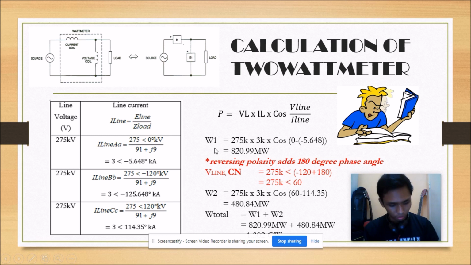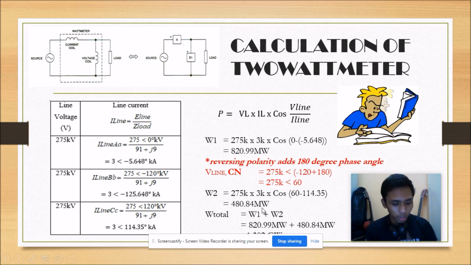And for wattmeter number one, I got this value, 820.99 megawatt. And for simulation value, I got 895.63 megawatt, slightly different from the simulation value. And the same with wattmeter number two, I got 480.84 megawatt.